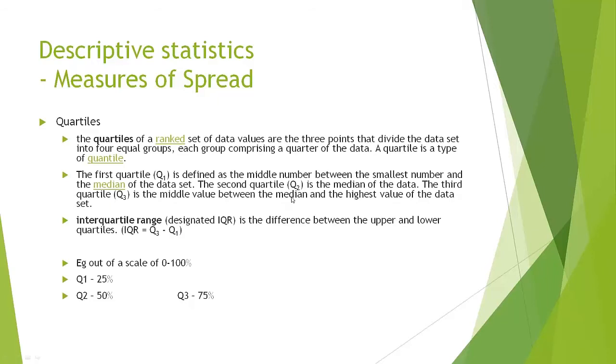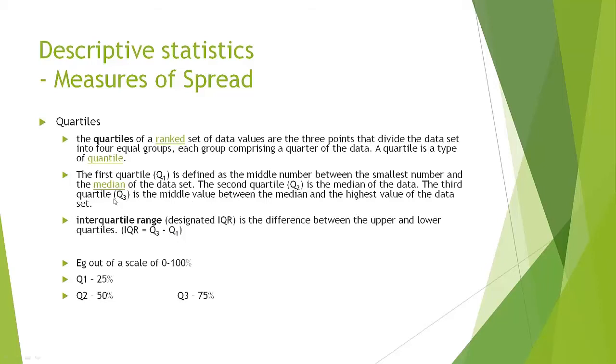Now quartiles, I think we have seen it very elaborately while discussing the box plots. The quartiles are 3 points: the first quartile, second quartile, third quartile. The second quartile is the median.